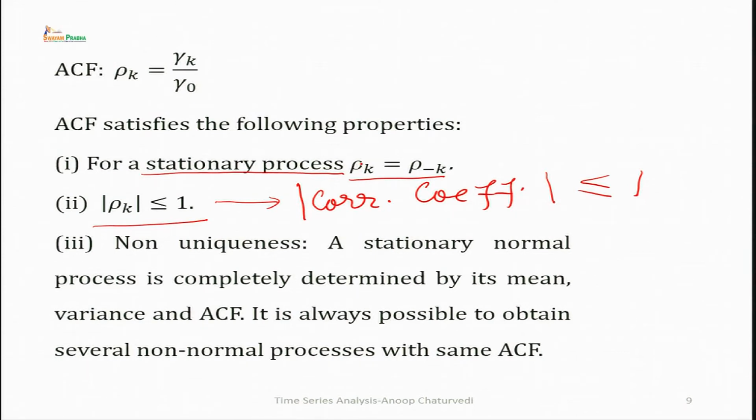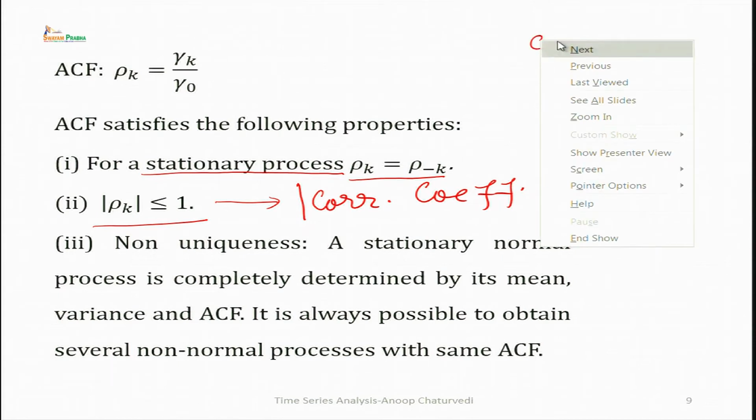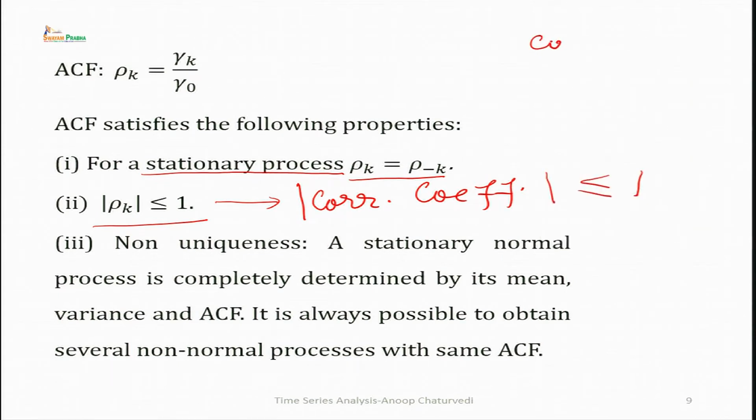Further, what is rho k? It is the correlation coefficient between y t and y t plus k.